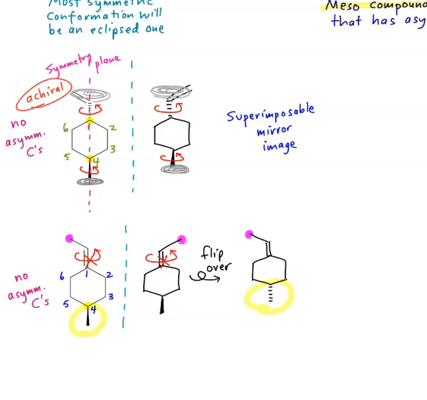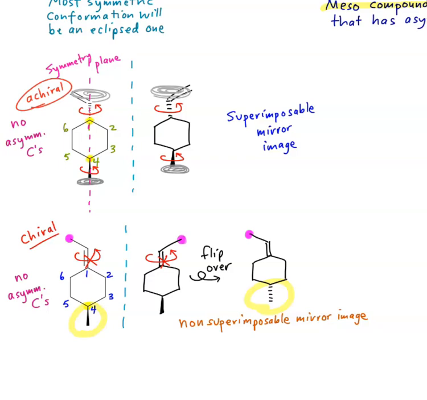And so what we have is a non-superimposable mirror image, which means that the original structure is chiral. Now, it's a chiral molecule that has no asymmetric carbons.